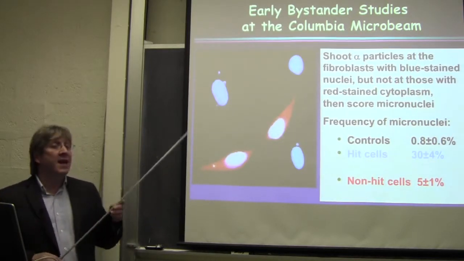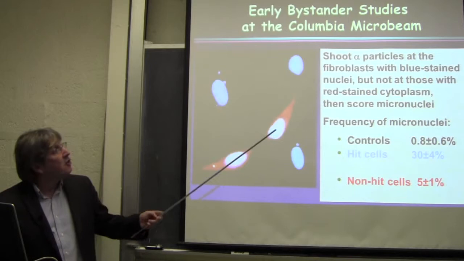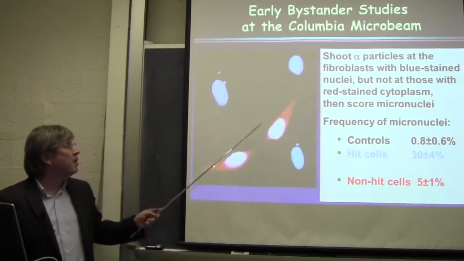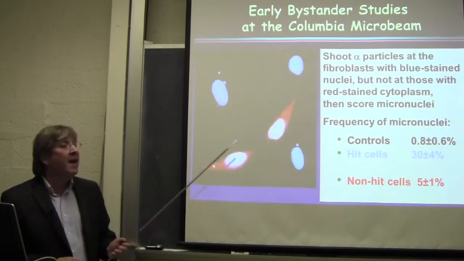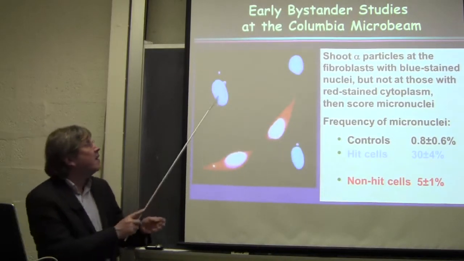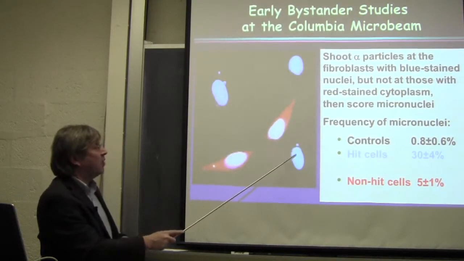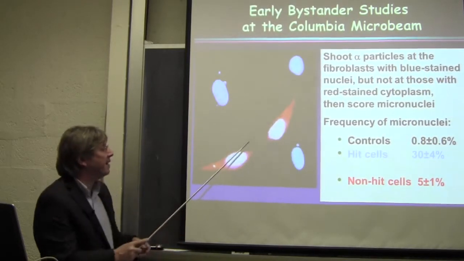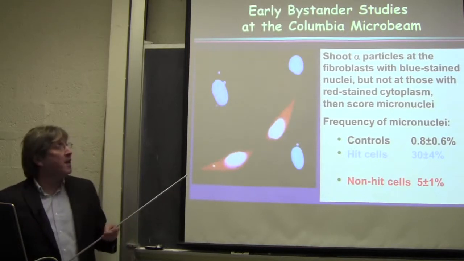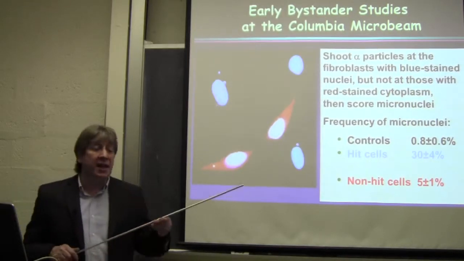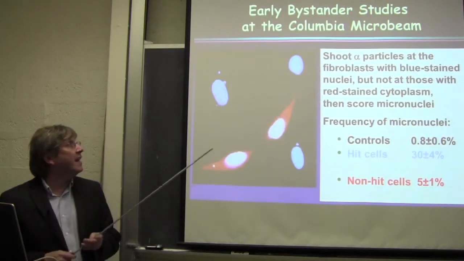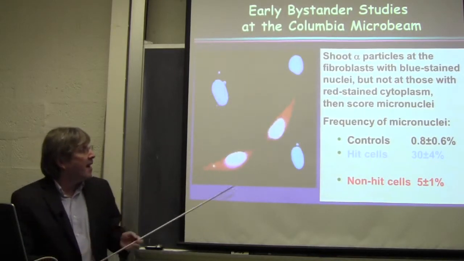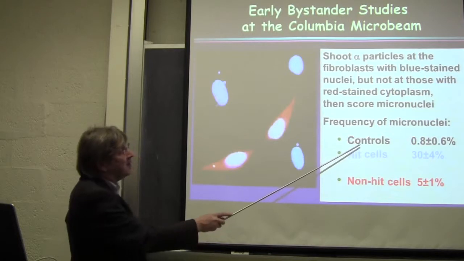And then he told the microbeam system to shoot alpha particles only at the blue nuclei and not shoot at anything else. So these cells would have been hit by an alpha particle, but we can guarantee that these cells would not have been hit. And then he can look for the fraction of micronuclei in the blue cells and also the red cells. And this is what he got.